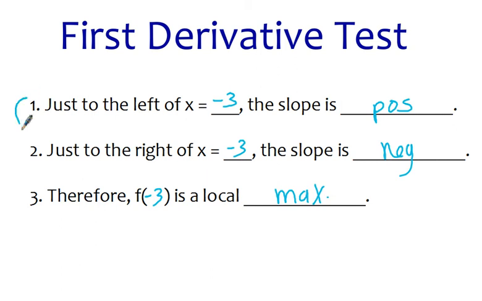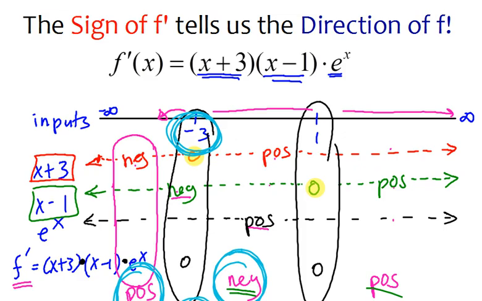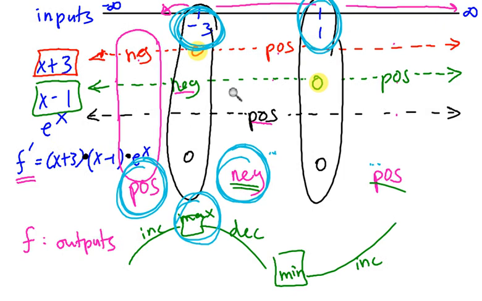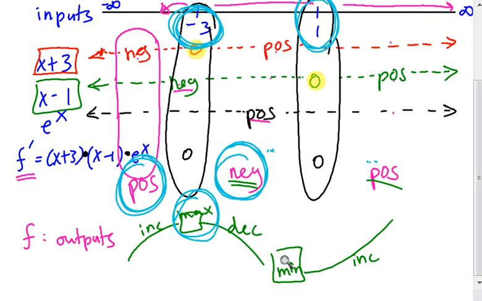Okay, and again, this is the expectation of the College Board in terms of the AP test, that students are able to write these sentences. It's almost like a miniature essay showing the logic of derivatives and classifying local extreme values. Okay, so for this critical number, x equals 1, we saw that the slope changed from negative to positive, and that signals to us that there is a local min at that point.